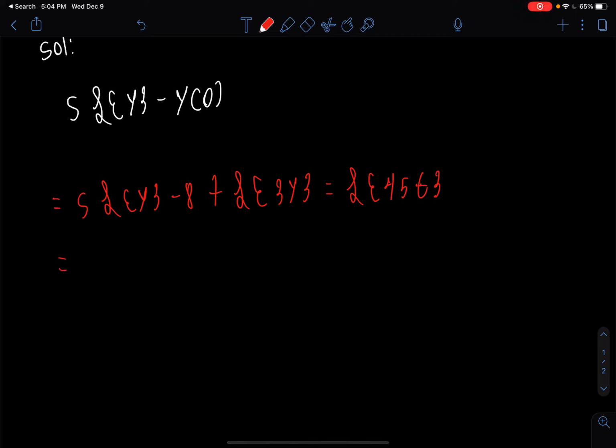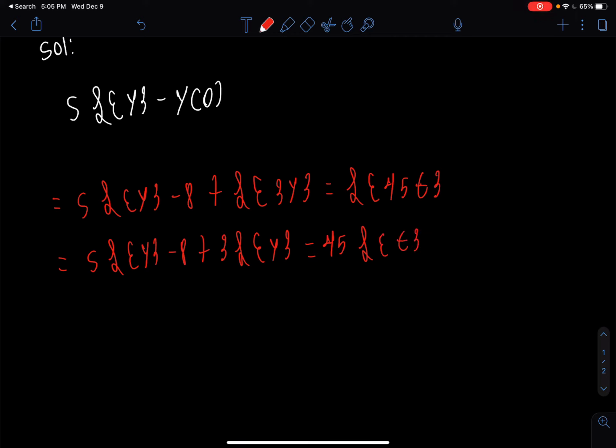We have s Laplace of y minus 8 plus, I'm going to factor out that 3, Laplace of y equals, we can factor out that 45, and we'll have to take a Laplace transform of t. Those are just constants, so there's nothing to worry about there.